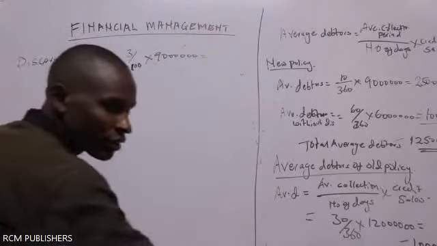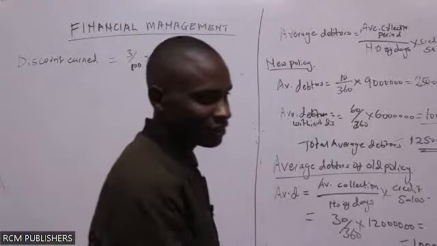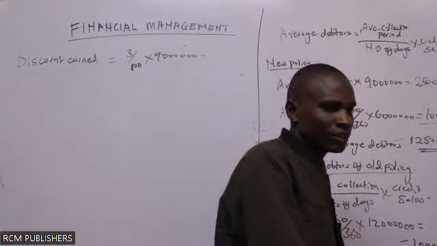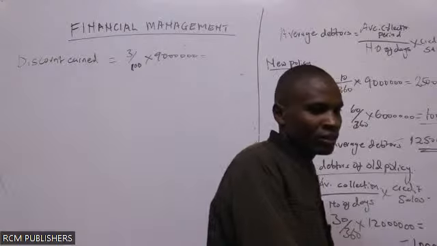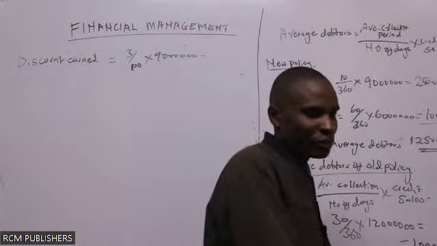Niambie unapata nini? As a percentage, discount 3% of that amount. Unapata nini? 3. Yes, it's in. Yeah, 270.